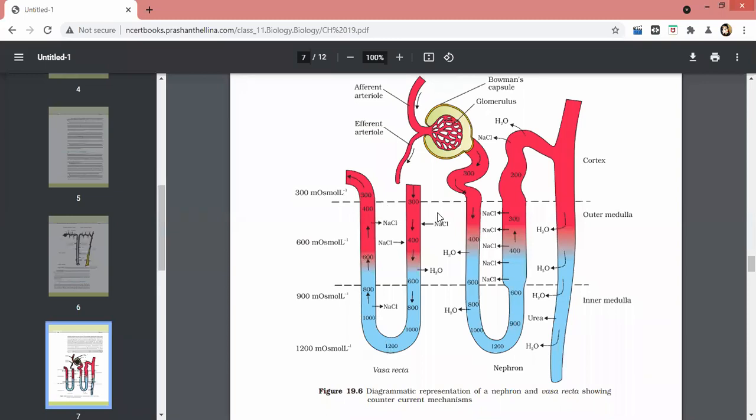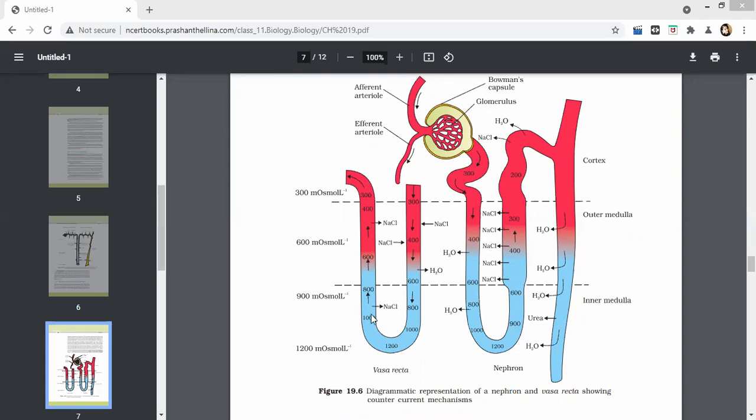As you can see over here, just focus on this. You are going to see two things, ascending and descending. When the vasa recta is showing ascending, at that time the filtrate in the nephron is going to be in the descending manner.